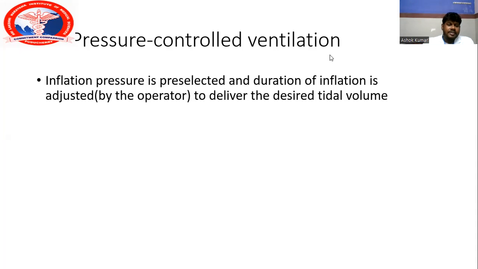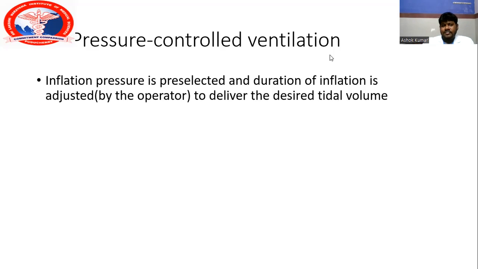Okay. In volume control ventilation, the inflation volume or tidal volume is pre-selected. In pressure control ventilation, the inflation pressure is pre-selected. In pressure control ventilation, the duration of inflation is adjusted by the operator to deliver the desired volume.